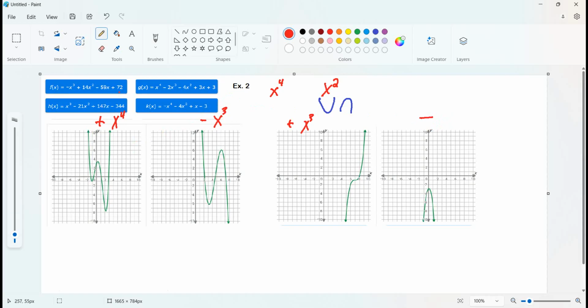But we have other clues here. We can look at these numbers. 72 is definitely off the graph. Negative 344 is off the graph. This one's on it, positive 3, and this is a negative 3. And again, these are the y-intercepts, where these graphs intersect the y-axis. Well, this one is hitting at positive 3.